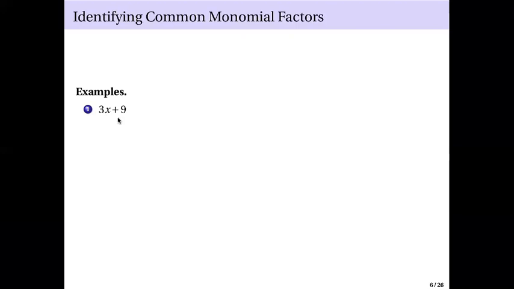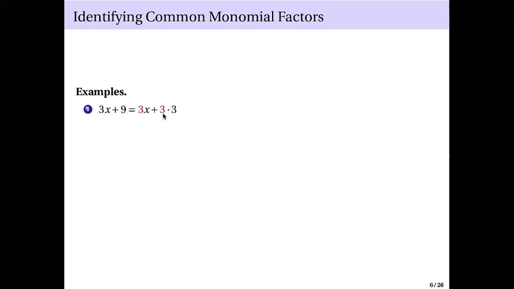The monomial is 3x and then 9. Factors of 3x, 3 and x. Factors of 9, well, 9 is equal to 3 times 3. So you see that for this monomial and this monomial, 3 is a common factor.